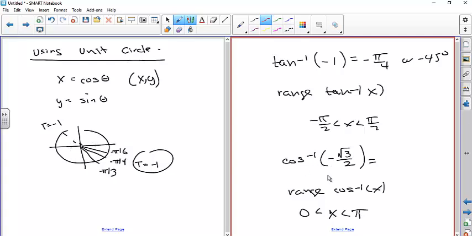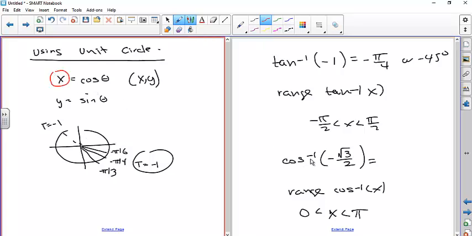Because if I look for a place where the x-coordinate is equal to negative the square root of 3 over 2, I'll get two solutions. I'll get one here, and I'll get one here. So in my coordinates, I'll have negative the square root of 3 over 2, a half here, and I'll get negative the square root of 3 over 2, negative 1/2 here.